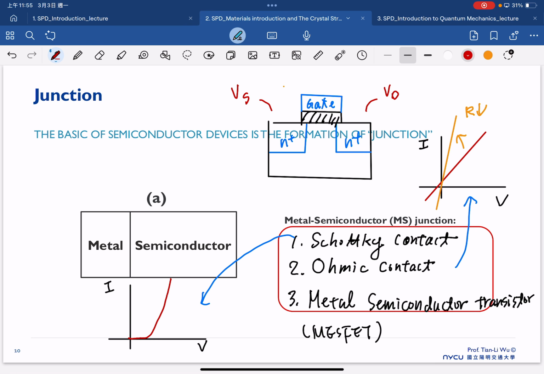But actually, the applied bias is not directly on top of the semiconductor. We have to apply the bias on top of metal. So in reality, when we fabricate the transistor, we always need to deposit metal on top of the semiconductor, in the source region and the drain region. So this is a metal electrode.